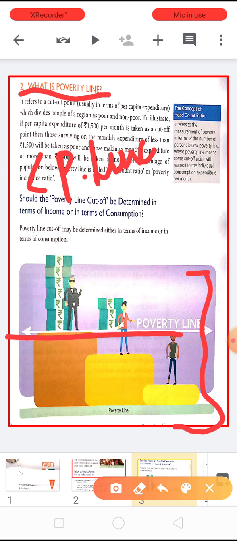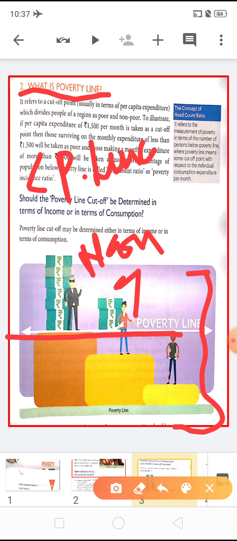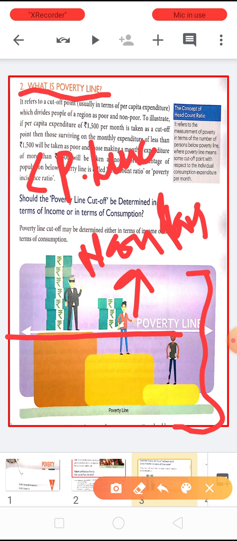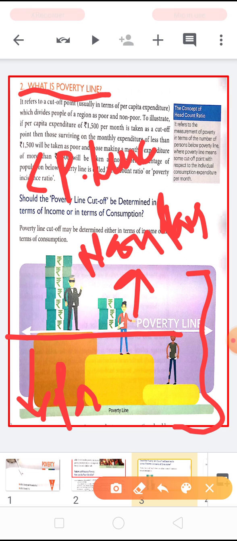People whose monthly expenditure or income is below this line will be considered poor, and those whose income and monthly expenditure is just above this poverty line will be considered non-poor.